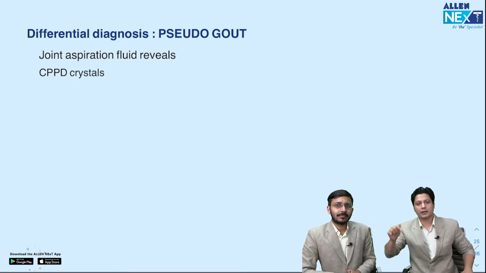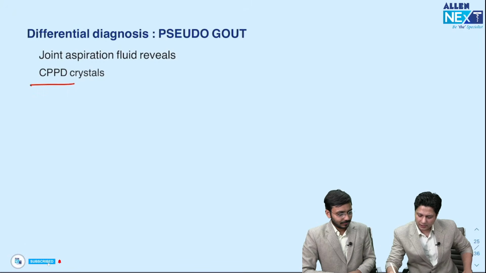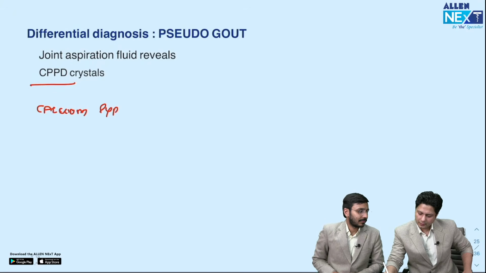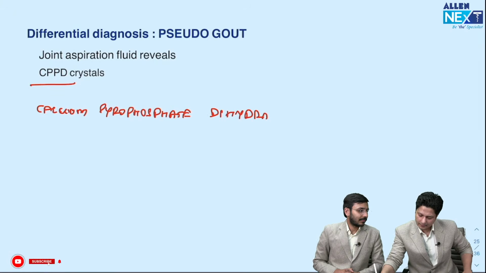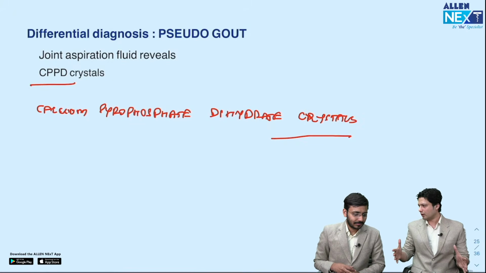Until and unless you go for the biochemical analysis of the fluid that you have aspirated, which reveals calcium pyrophosphate dihydrate crystals. Alright, that is the diagnostic criterion for pseudo-gout.